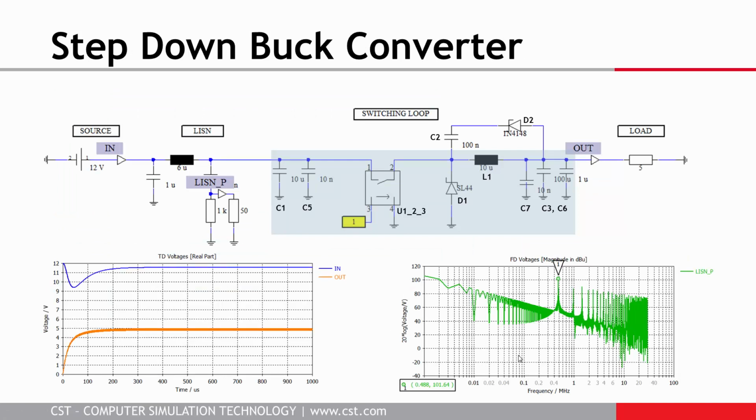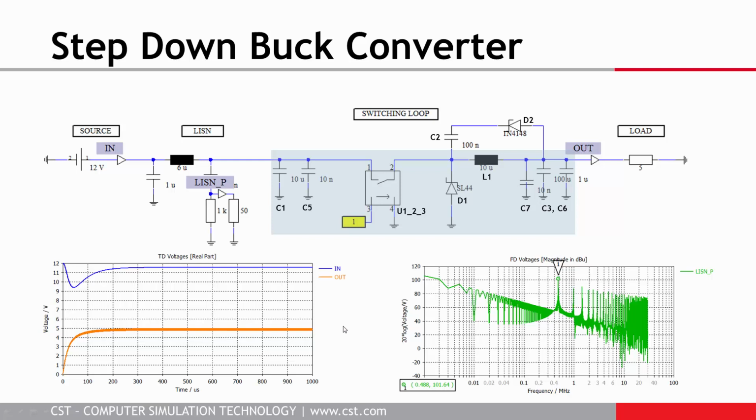This is a very typical down converter, and we use just a simple switch to switch the voltage on and off. We have the switching loop here, a boost loop, and a load here. With this standalone circuit, we first check if the system is doing what we expect. Yes, it does. It converts from 12 volt down to 5 volt output. So this is just a check.